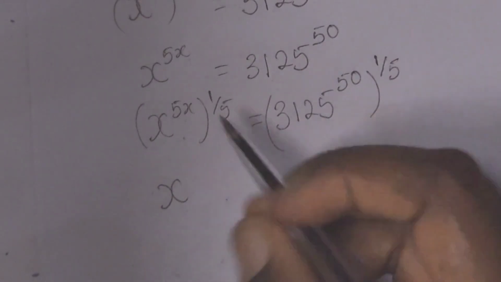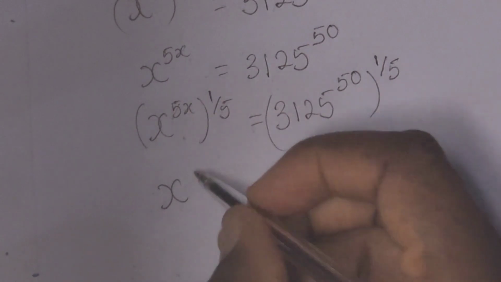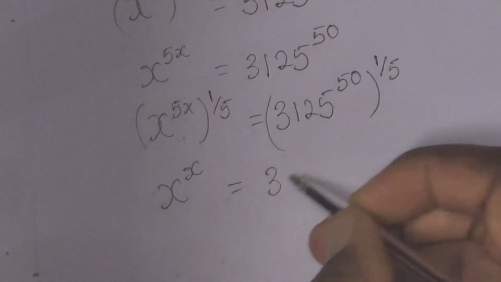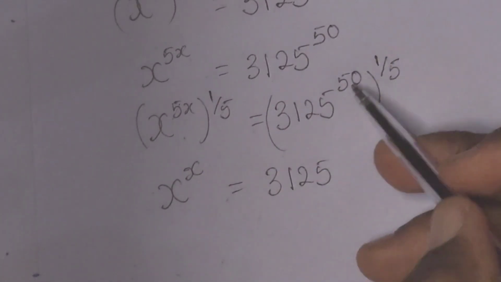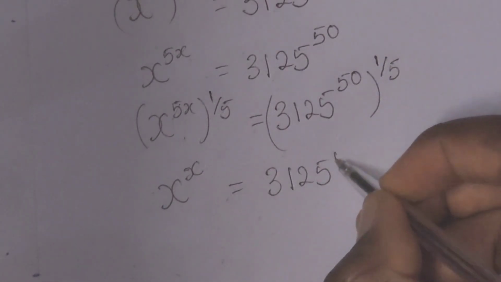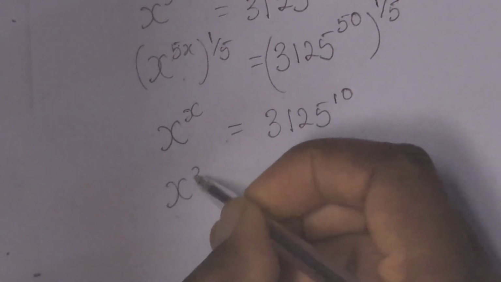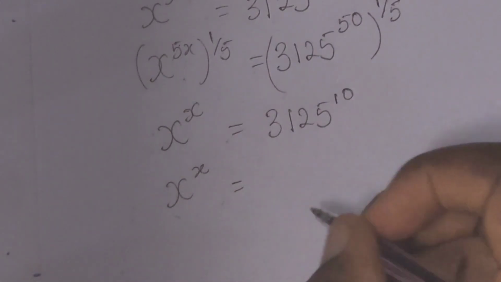So we have x to the power of, this 5 will cancel this. We have x to the power of x, all equal to 3125. We have this divided by 5, all to the power of 10.